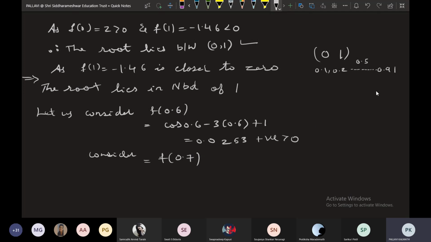Okay. For the given interval, it can be equal length. Then after finding f of 0.6, you find what is f of 0.7. Minus 0.335.